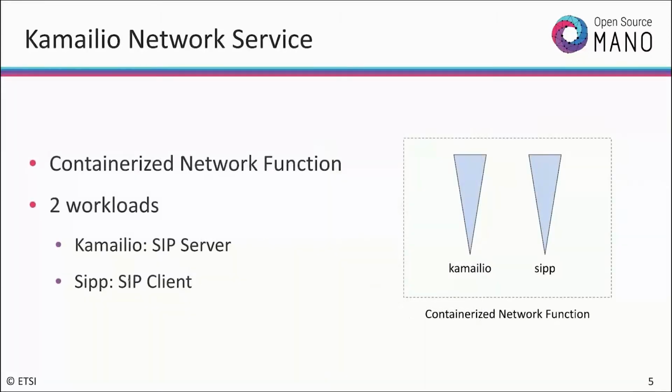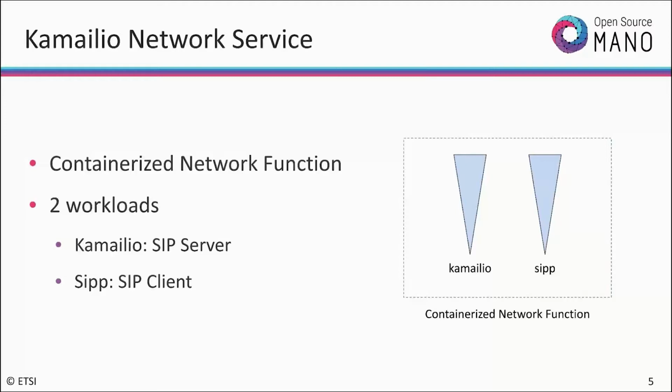Okay. So the Kamailio network service that we are going to deploy contains basically one containerized network function. This CNF has two workloads: Kamailio, that is the SIP server, and then SIPp, that is one SIP client.